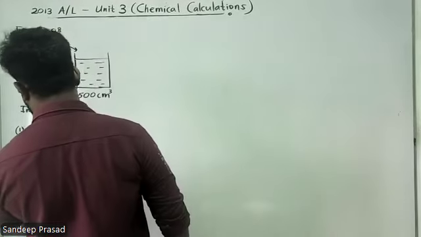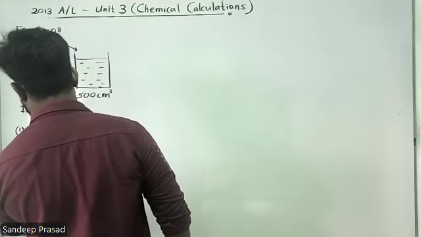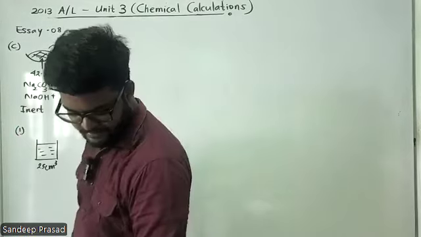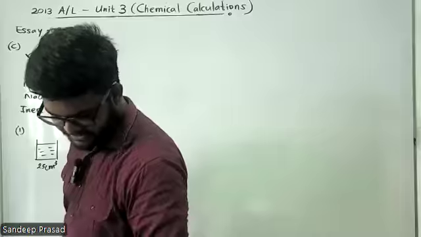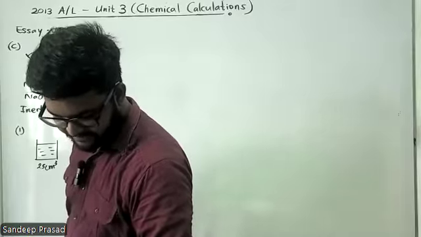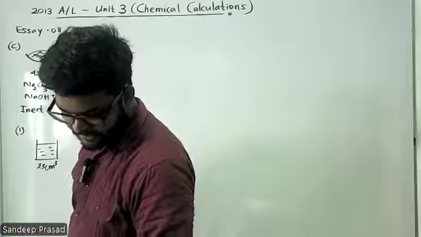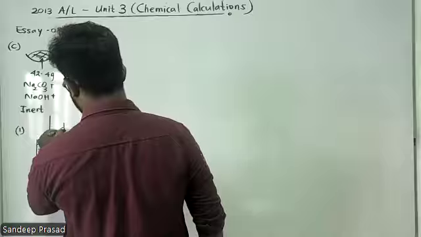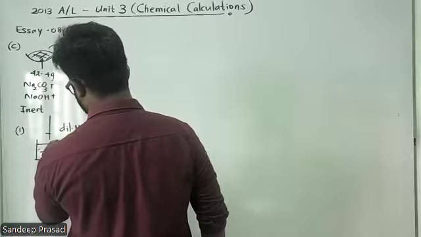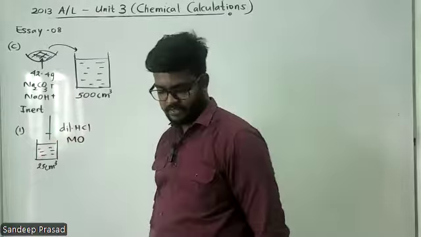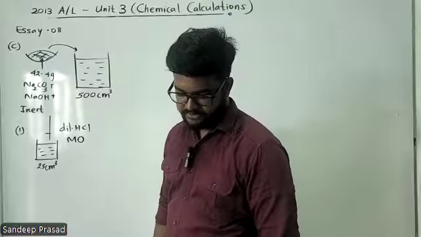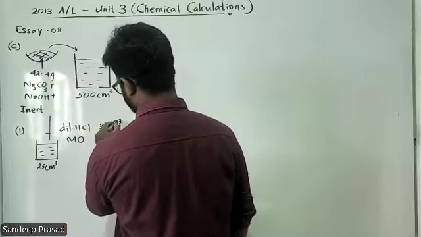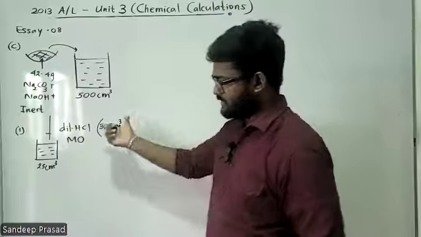They have taken a sample of 25 cubic centimeter, titrated with diluted HCl using methyl orange as the indicator. The consumed volume of HCl is 32 cubic centimeter. This is process number 1.